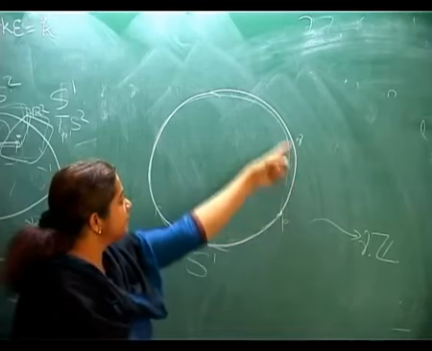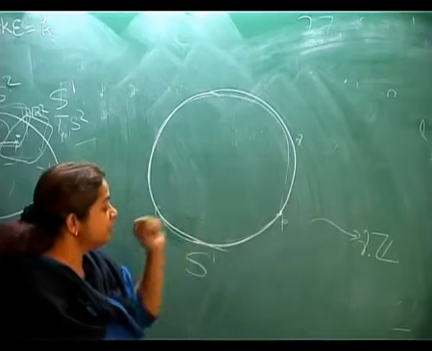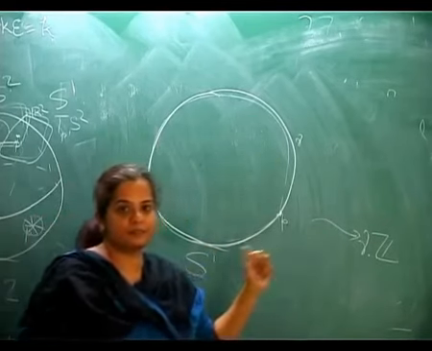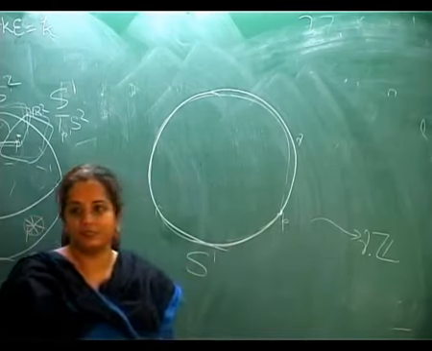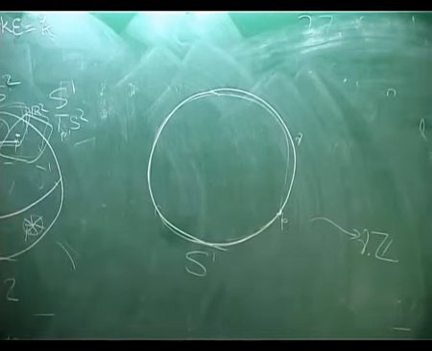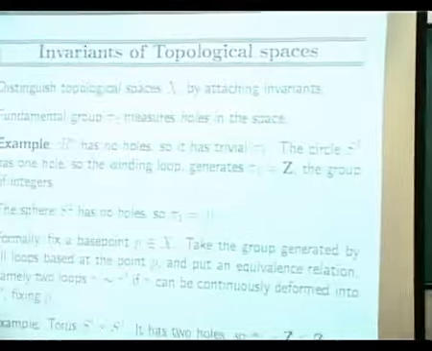If I go in the opposite direction, I put a sign to it, so I would get the negative integers. So the group we attach to this circle is precisely the set of integers, which is just the winding number of a loop. This is the group you would associate to your circle.